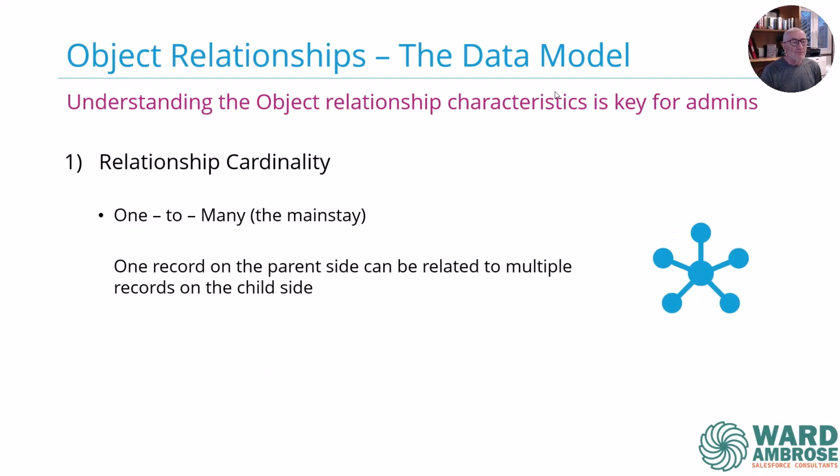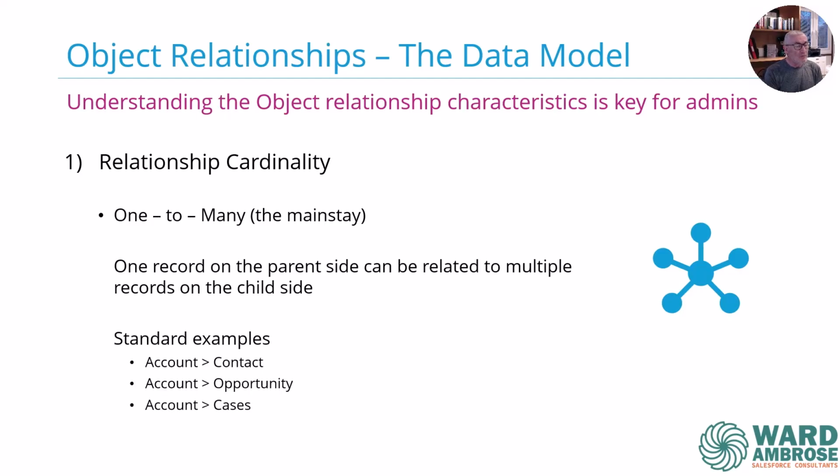The mainstay of cardinality is the one-to-many relationship, and these exist all over the place in Salesforce and databases generally. This is where one record, on what we would call the parent side, can be related to multiple records on the child side. And examples, typically the account object, which sits right at the top of the hierarchy on the platform, has relationships with contacts, opportunities, and cases.